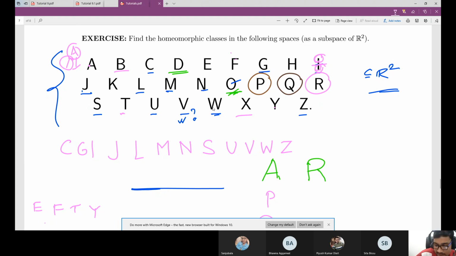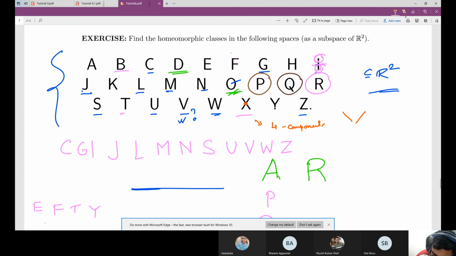You can see here X. Look at X and A. If you remove this point of intersection from X, then it will produce 4 connected components, right?